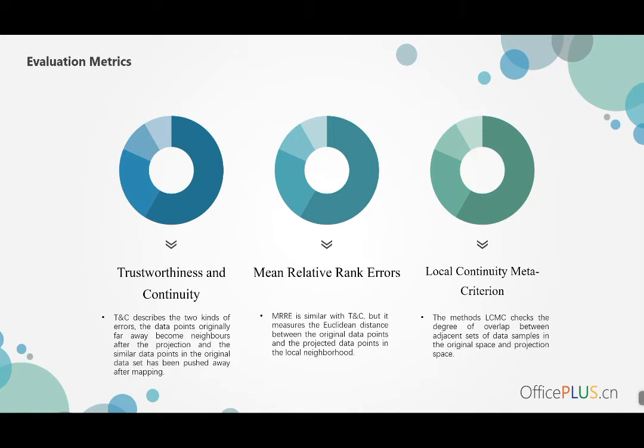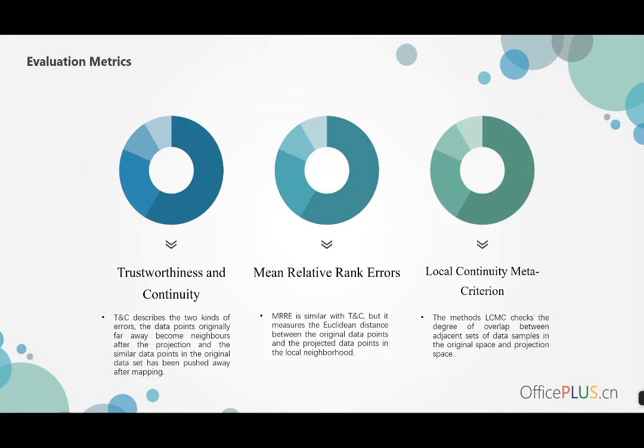Their evaluation principles for DR algorithms are different. T&C describes 2 kinds of errors: data points originally far away become neighbors after the projection, and similar data points in the original dataset are pushed away after mapping.